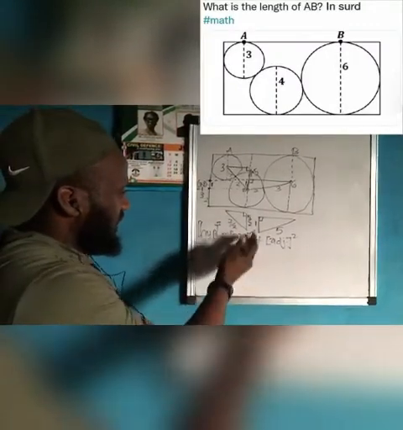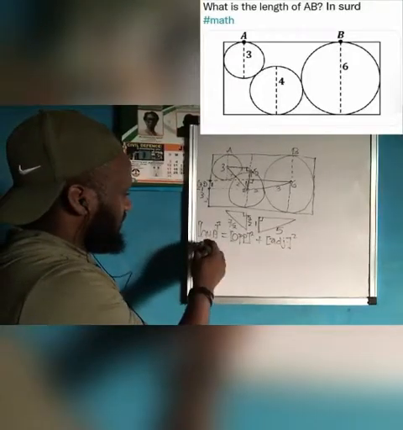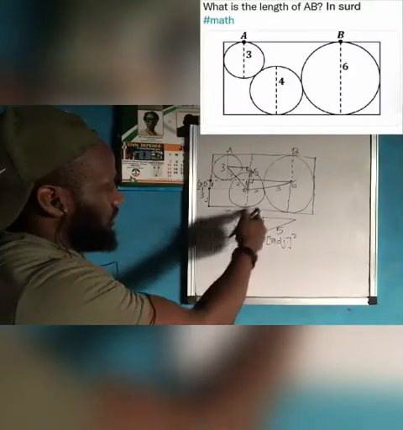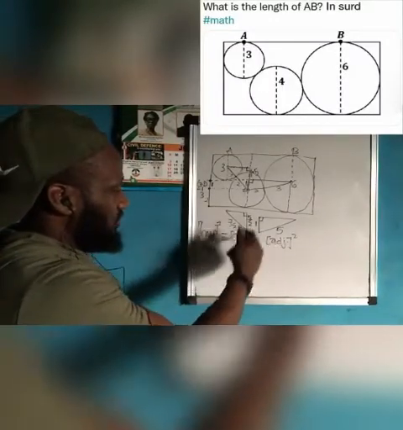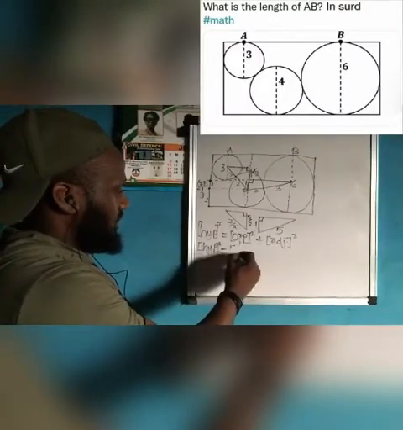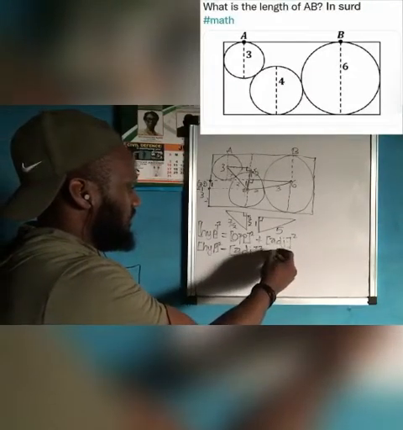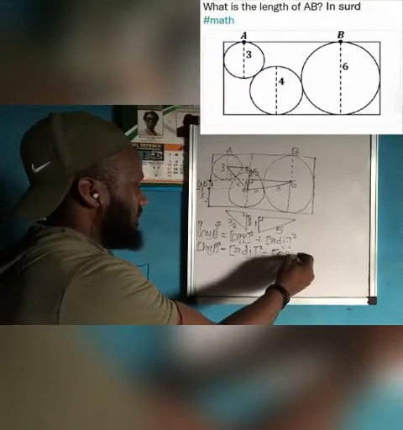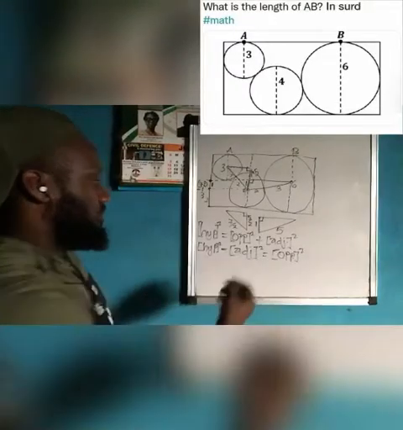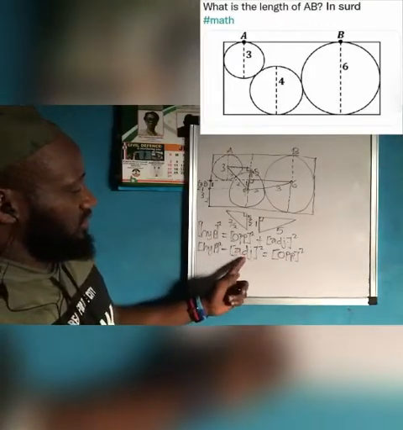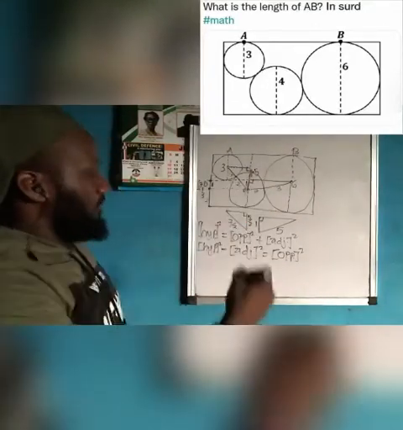So let's see, the opposite is the subject of the formula, the side we're looking for. Then if we take this one to the other side, the subject of the formula would now look like this for opposite: the square of the hypotenuse minus the square of the other side you have.